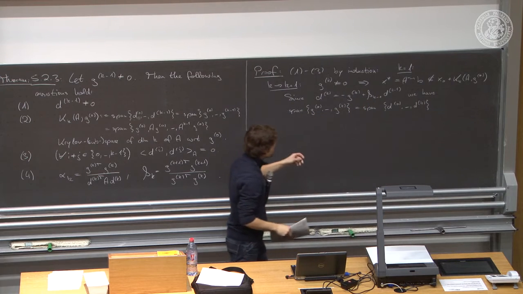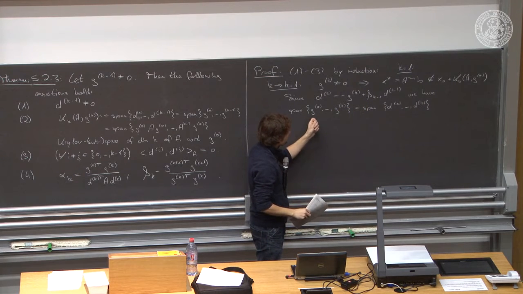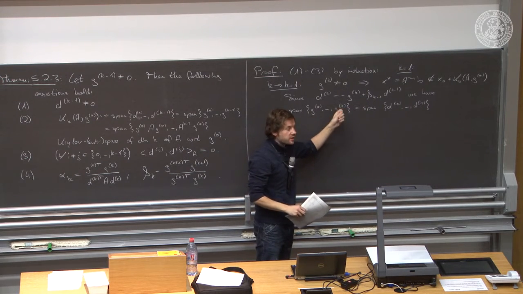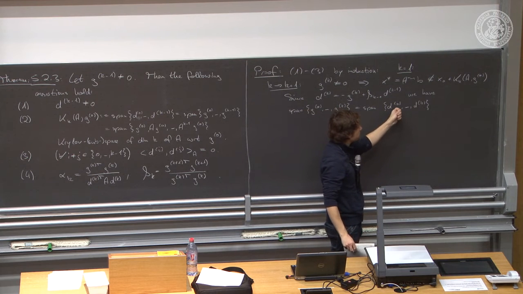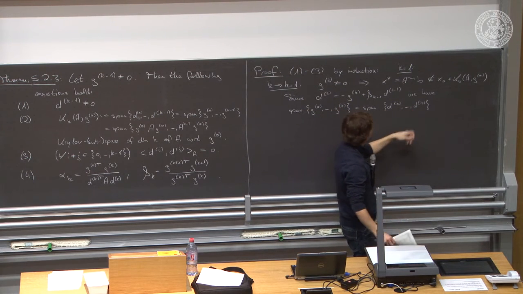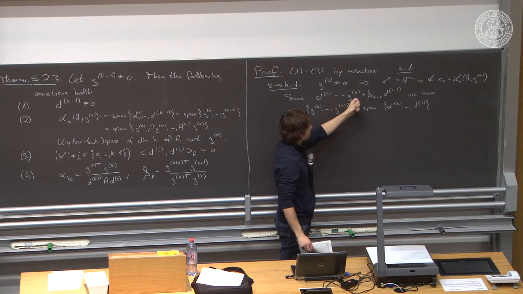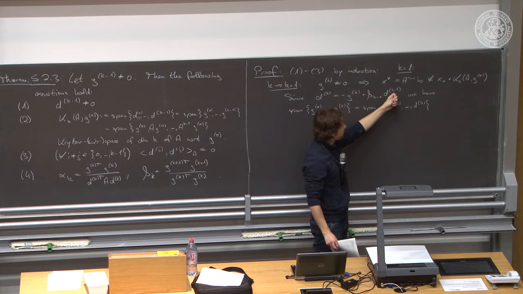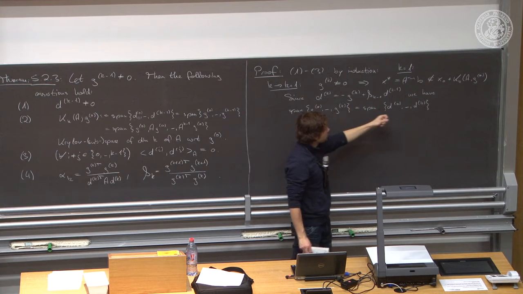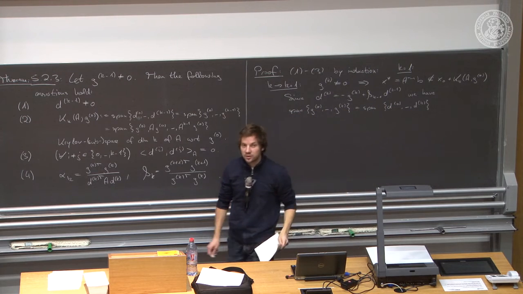Okay? By assumption, we know that the span from g0 to g_{k-1} equals the span of d0 to d_{k-1}, and now d_k is nothing but a linear combination of g_k plus a vector of the previous span, so the spans are equal.